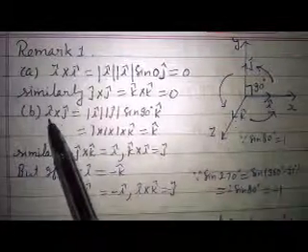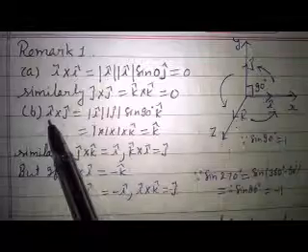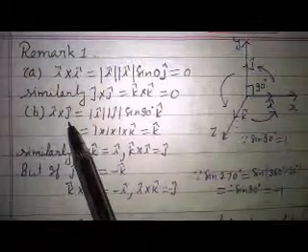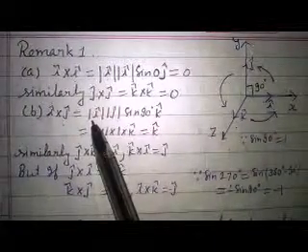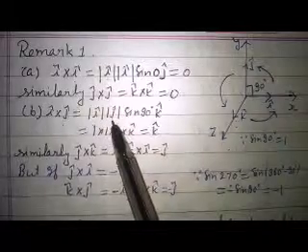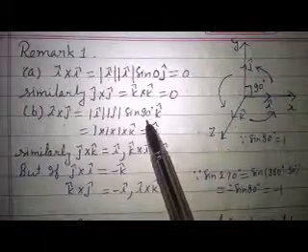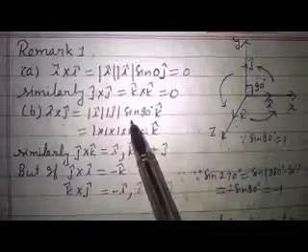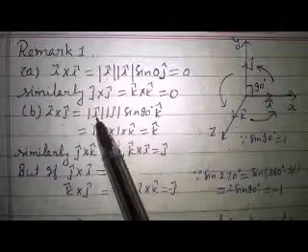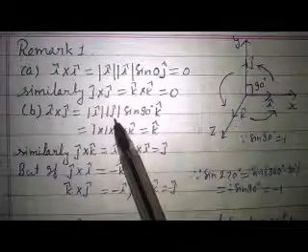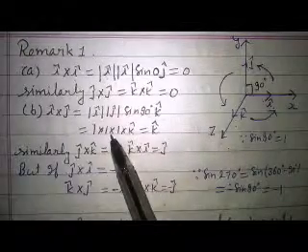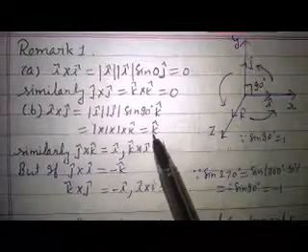Now the cross product of i cap cross j cap is equal to magnitude of i cap into magnitude of j cap sine 90 degree and k cap. Here sine 90 is equal to 1, and magnitude of i as well as magnitude of j cap is also 1, so its value is k cap.